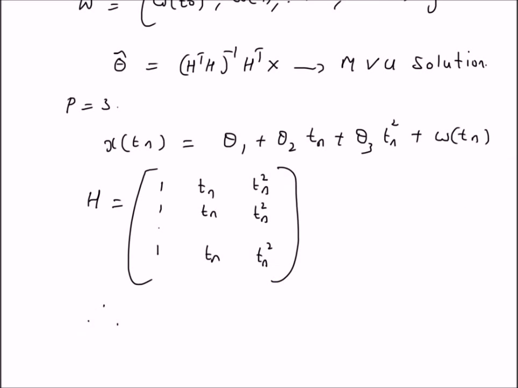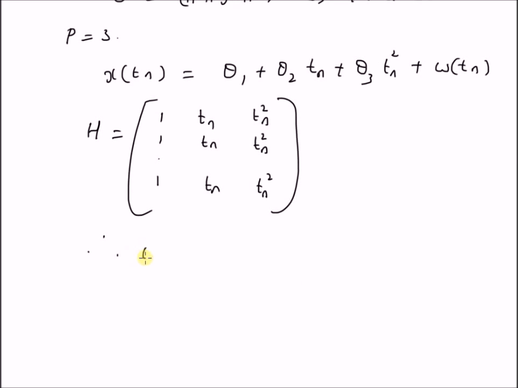Therefore, the solution, that is the estimator for the parameter vector theta bar, is given by theta hat is equal to (H transpose H) whole inverse H transpose x bar. So this is the solution.